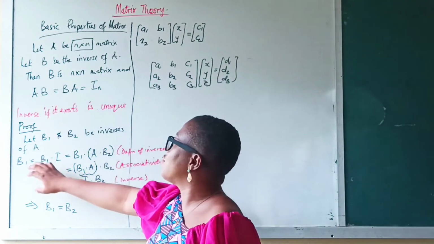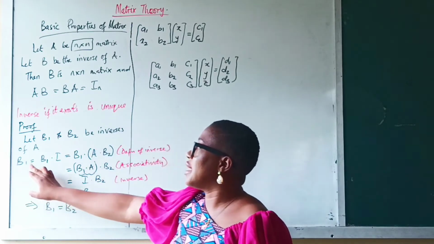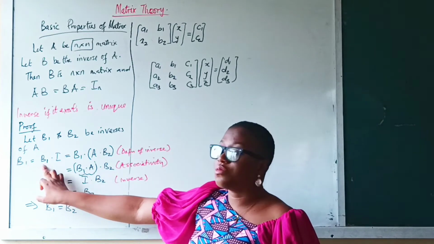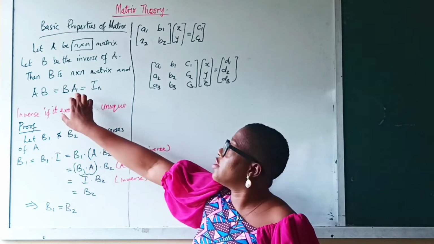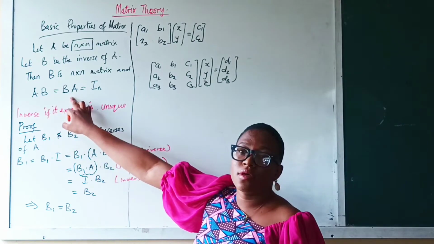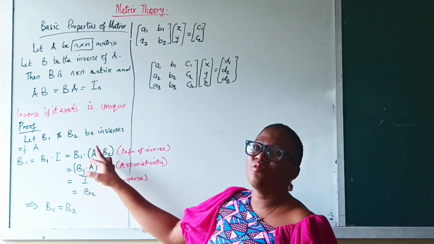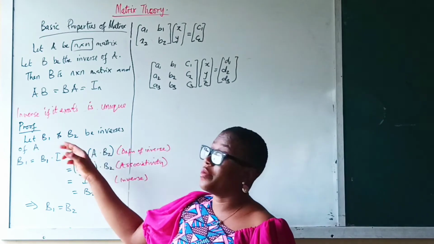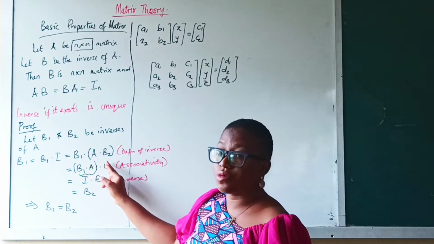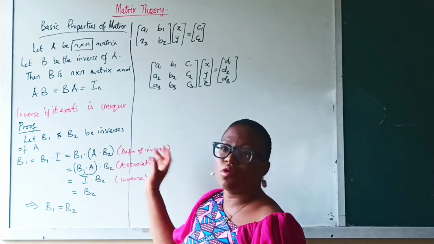The only thing I can use to relate to this is the I, because I know that B is equal to B times I. So B1 is equal to B1 times I. According to this definition, it is still AB and BA. If I write B2 A, I will not have a problem; I can still write it as A B2 because B2 is an inverse. You can still go that way, but it's longer steps.